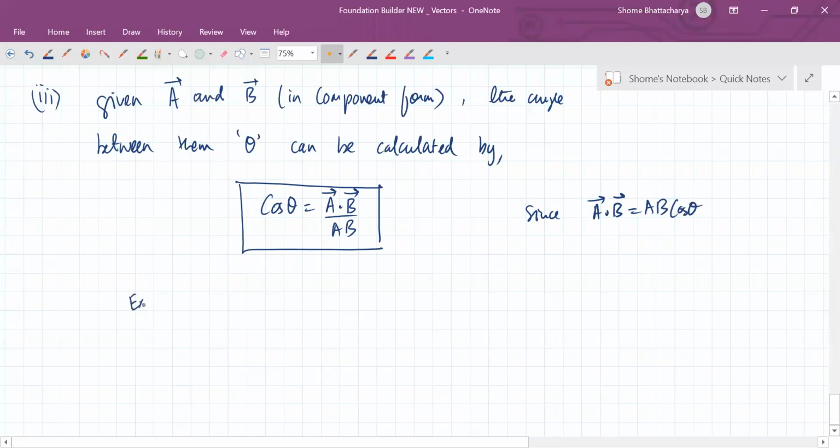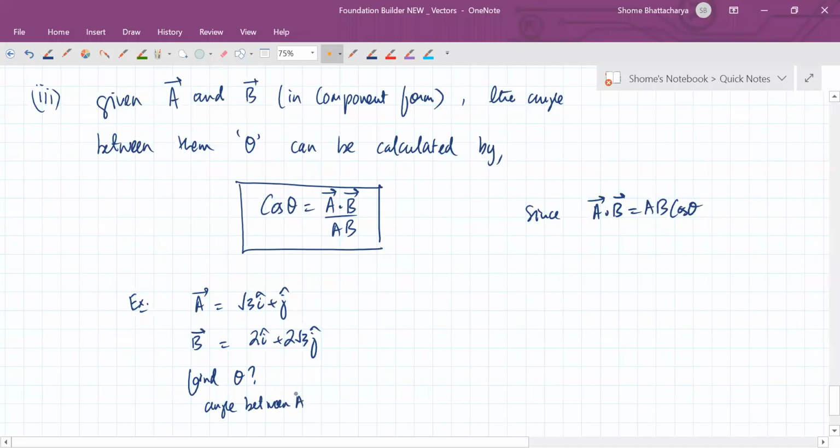So for example, suppose I have the vector a, which is root 3 i cap plus j cap, and I have the vector b, which is 2 i cap plus 2 root 3 j cap, and I want to find theta, the angle between a and b. I want to find this out. Okay, so I'll just use this formula. I'll use the formula that cos theta is a dot b divided by magnitude a into magnitude b.